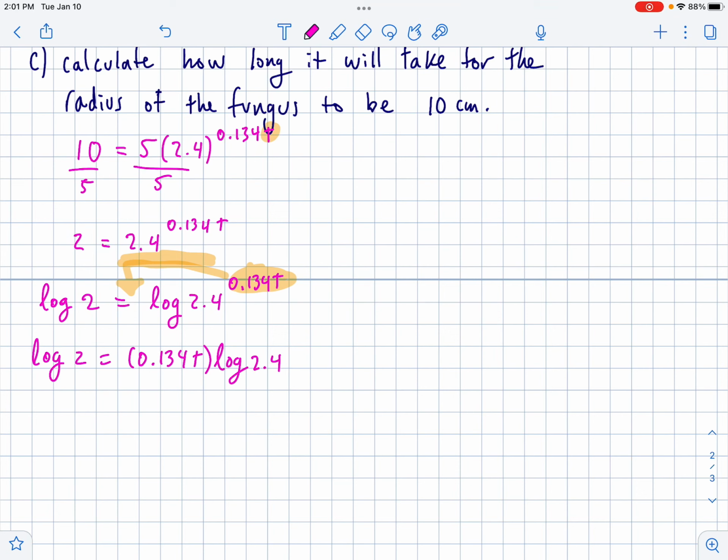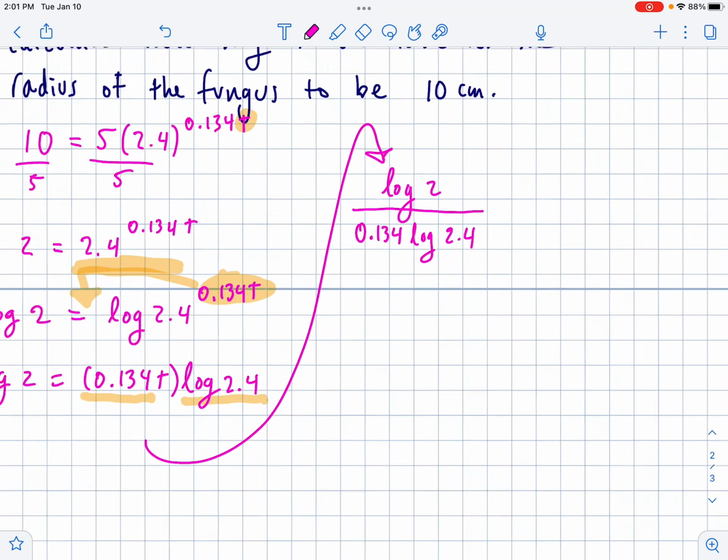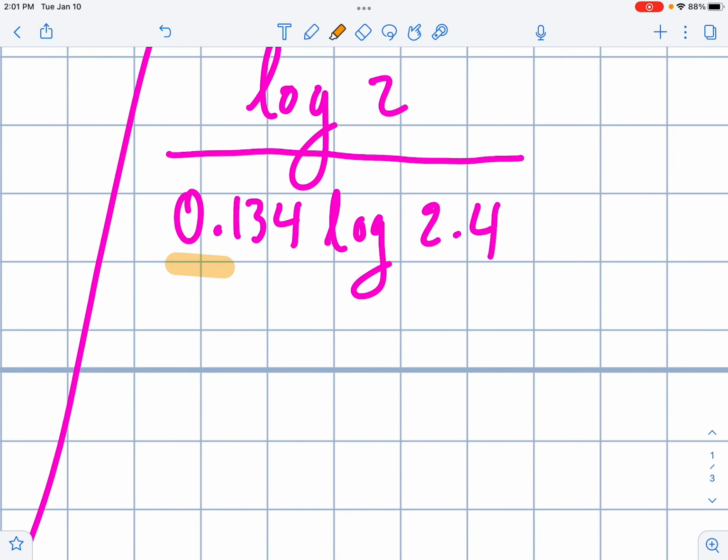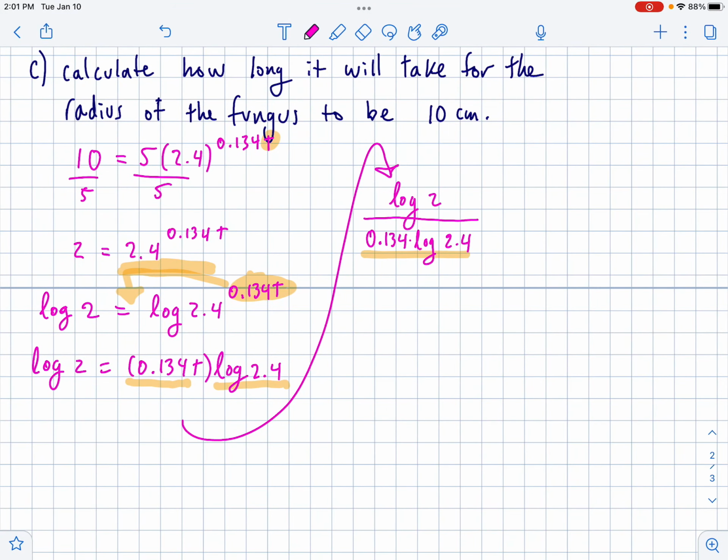Now, at this point, I'm going to divide both sides by 0.134 and log 2.4, so it leaves just the t over there. It would be log 2 all divided by 0.134 log 2.4. Just a note that when you write the numbers like this, next to each other, there is a little multiplication between these things. Just an FYI.